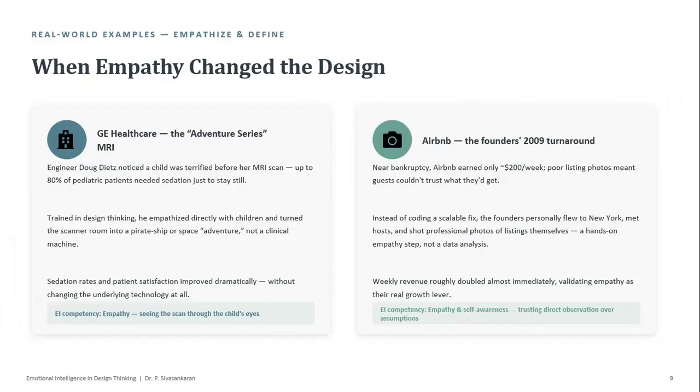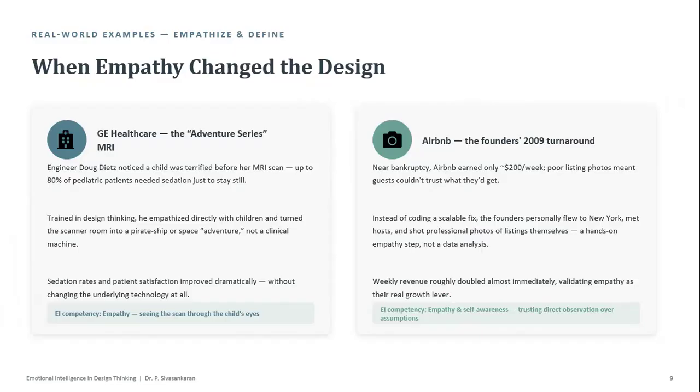The first one is the use of empathy in action. GE Healthcare redesigned the MRI scanning machine for children, especially for children, by understanding their fears rather than modifying the technology itself.